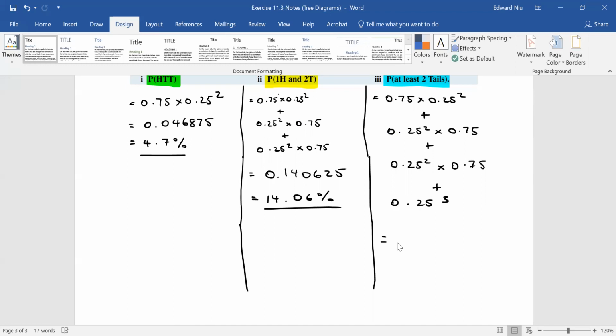So 0.75 times 0.25 squared plus 0.25 squared times 0.75 plus 0.25 squared times 0.75 plus 0.25 cubed. Hopefully I've entered all that correctly into the calculator, and we get an answer of 0.15625, which is 15.63% roughly as our answer.